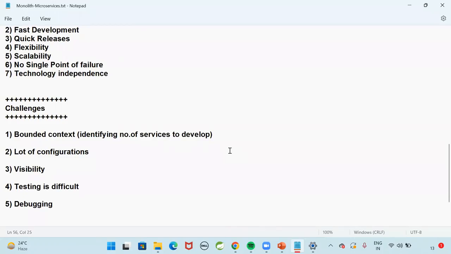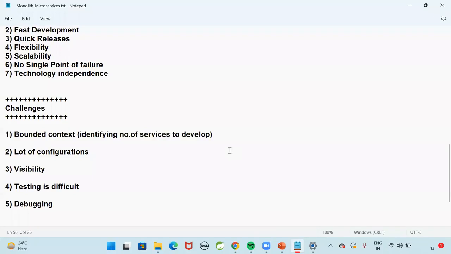Number of bounded contexts requires a lot of analysis. Sir, what is the solution for this problem? Solution means analysis only. You need to analyze how many microservices we need to develop for our project.